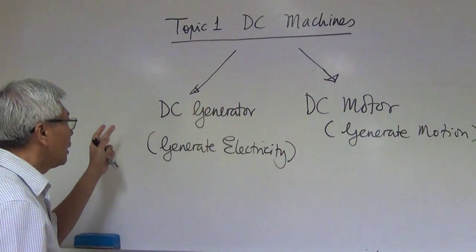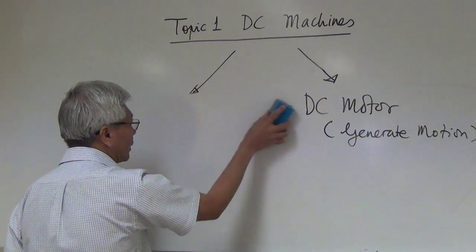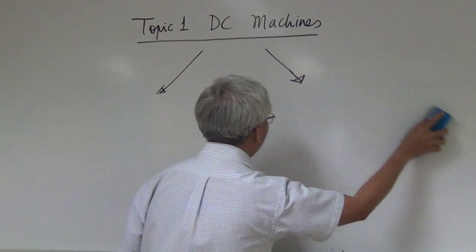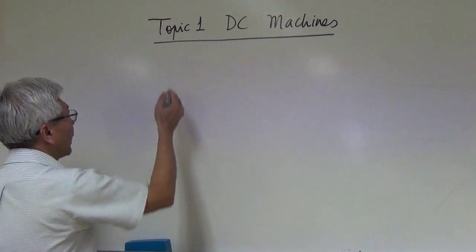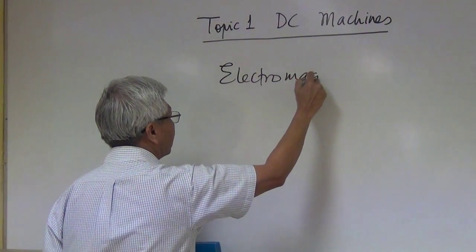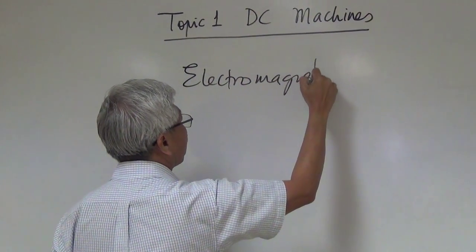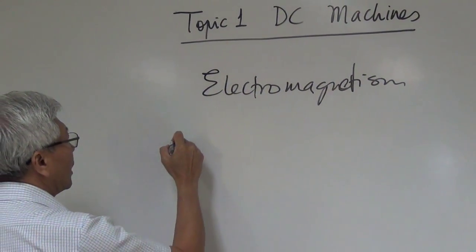So the principle of topic 1 DC machine, be it generator or motor, works on the principle of electromagnetism. In electromagnetism, you need three parties. Which are the three parties?